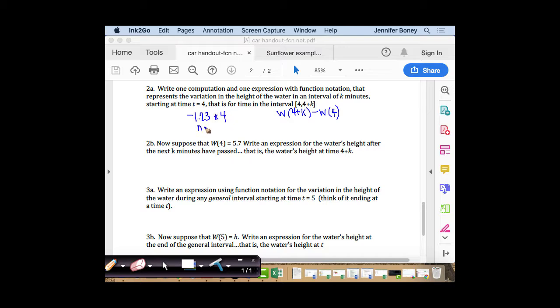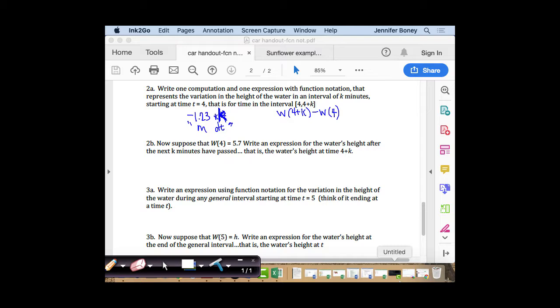So MDT, oh, K, sorry, times K. 4 through 4 plus K. I was thinking K through K plus 4. Negative 1.23 times K. So this is our MDT. So to write an expression, or what computation would you do? If we knew the value of K, for any value of K, we would do this. Negative 1.23 times K, since K is the length of the interval.